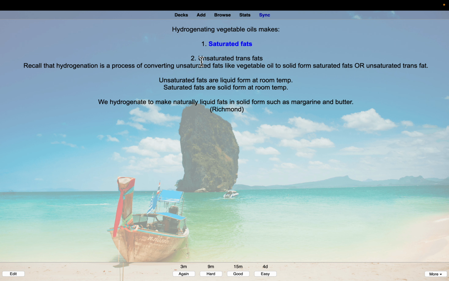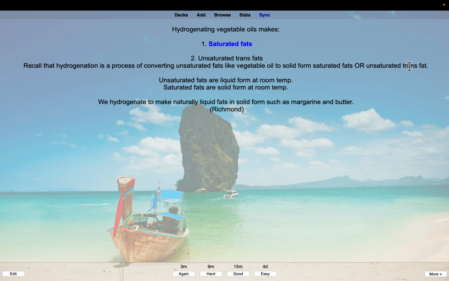So eventually they become trans fats. Recall that hydrogenation is a process of converting unsaturated fats like vegetable oil. Initially, vegetable oil is healthy. You turn it into solid form, saturated fats, or in other words, trans fat.